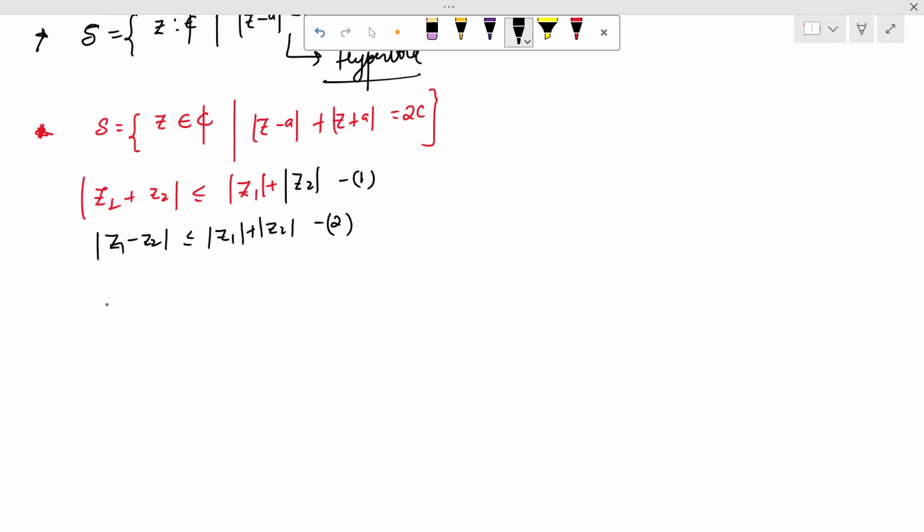Now if I want to express modulus of 2a, I can write it as modulus of Z plus A minus Z minus A. And this will be less than or equal to mod of Z plus A plus mod of Z minus A, and what is it equal to? It is equal to 2C.